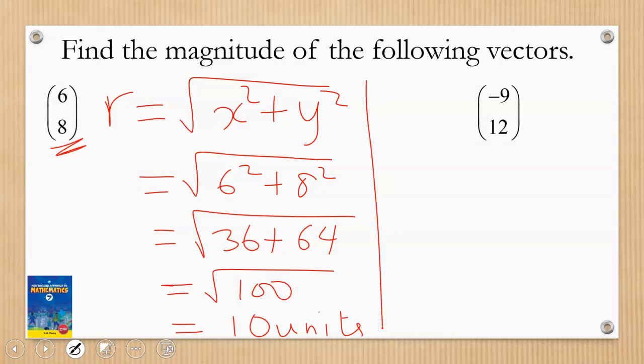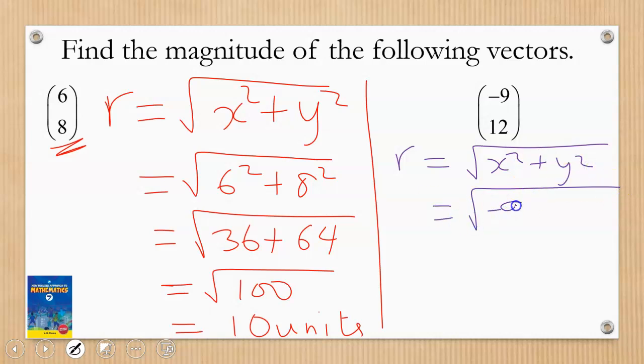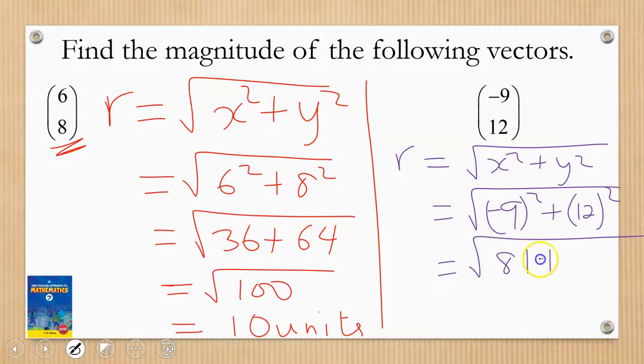I can do the same thing for this one too. Again, if I want to find the magnitude, I would say the square root of x squared plus y squared. That is negative 9 squared plus 12 squared. And this is going to be 81 plus 144.